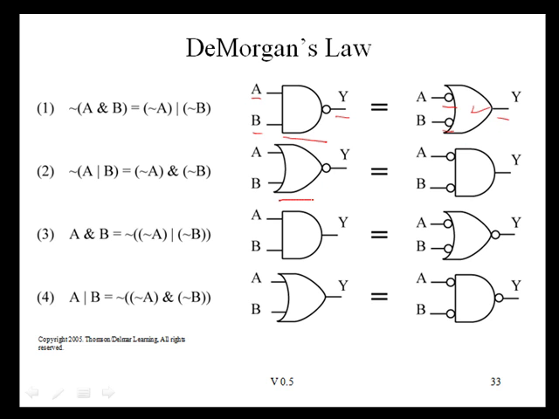This form right here has an OR gate with high true inputs, low true output, and that's equivalent to an AND gate with low true inputs and a high true output. We will find this useful in transforming Boolean networks from an AND-OR form to something that only uses NAND logic, as will be shown in the next slide.